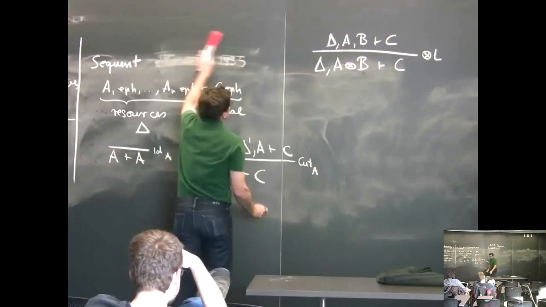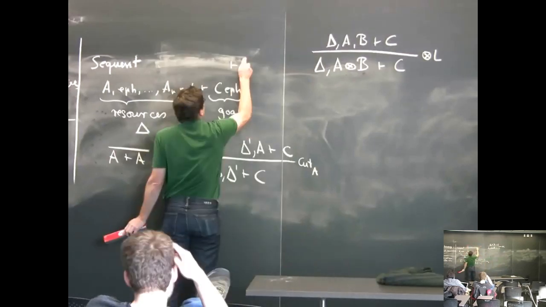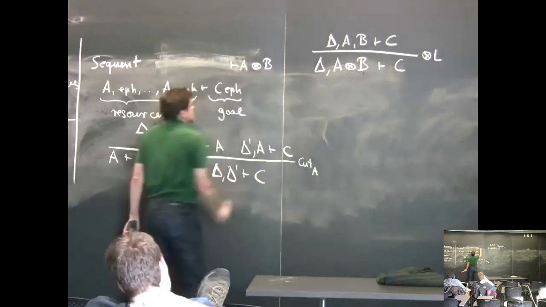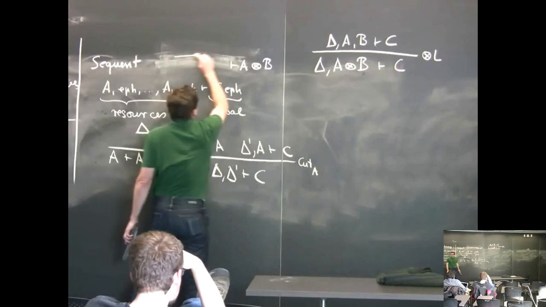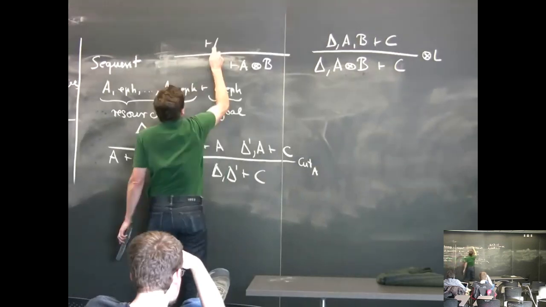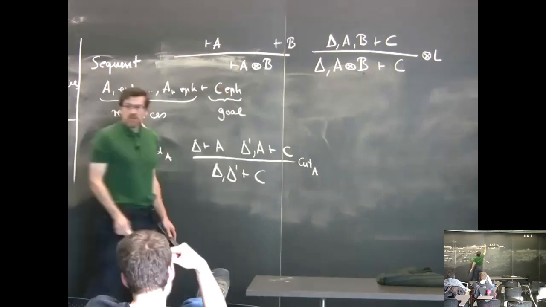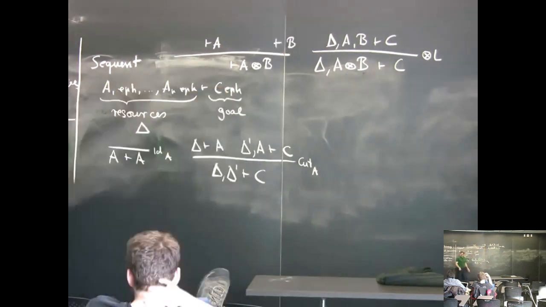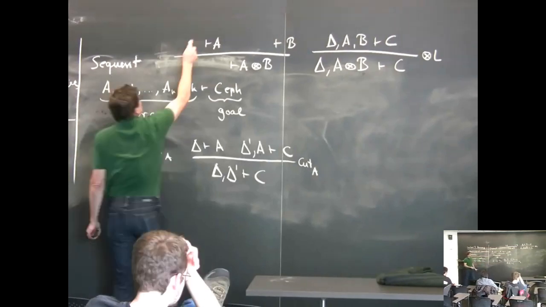And the right rule, which I'll write over here: if we're trying to show that A and B can be true in the same state, I have to be able to show A and B. But while I do that, I have to split up my resources because I'm not allowed to duplicate them. I have to use them exactly once.